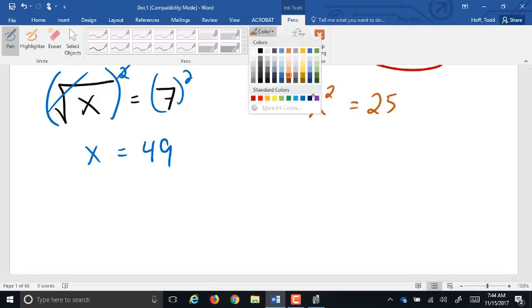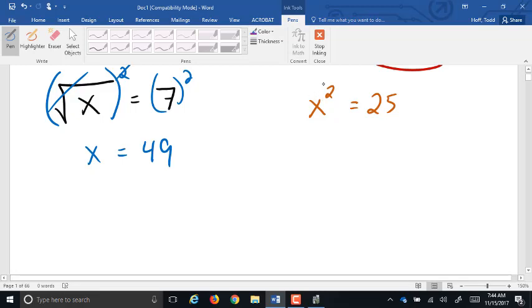Somewhat more complicated is this one. X squared equals 25. Now it looks like it's just the reverse of the one we did, sort of. And it kind of is. What's the opposite of squaring something? Square rooting it, right? So x squared and the square root cancel out, give me just x. The problem is over here.